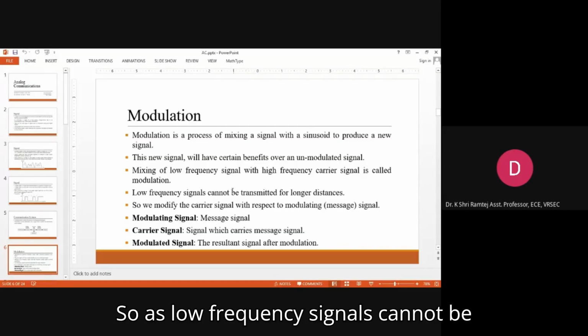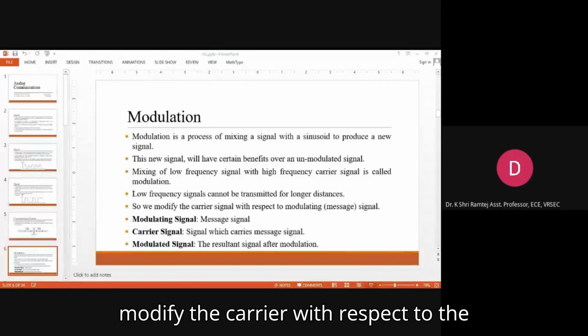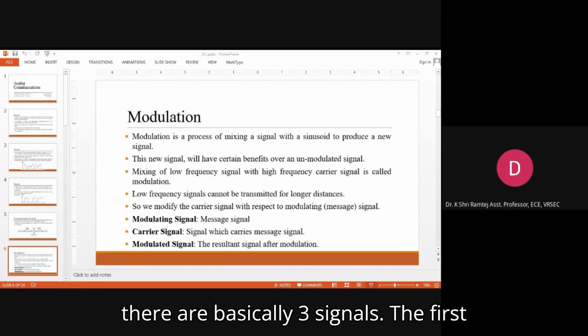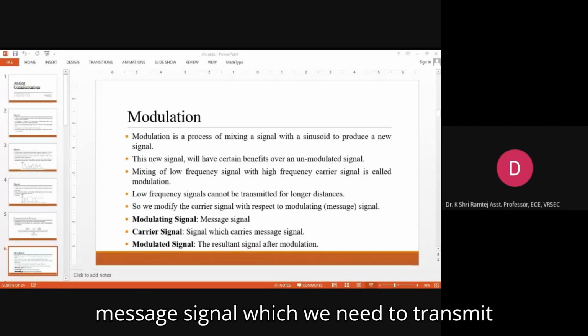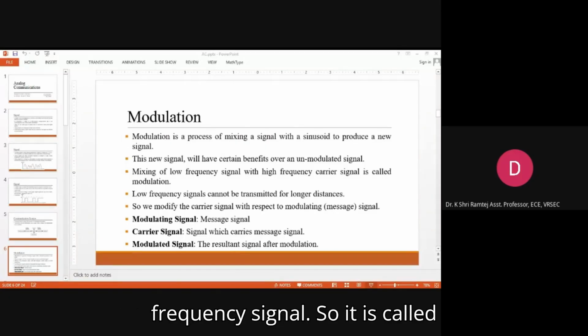As low frequency signals cannot be transmitted for longer distances, we modify the carrier with respect to the modulating signal. So in the modulation process, there are basically three signals. The first one is the modulating signal, that is the message signal which we need to transmit, and the carrier signal, which is a high frequency signal.